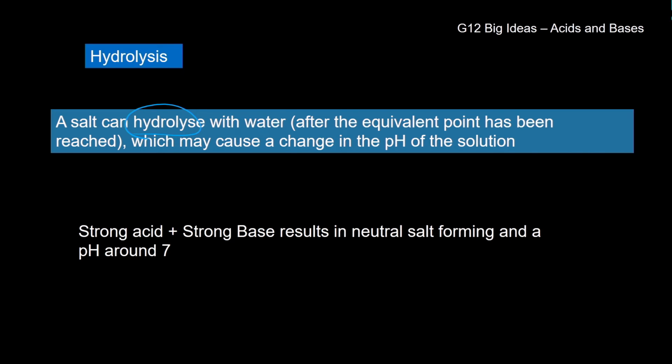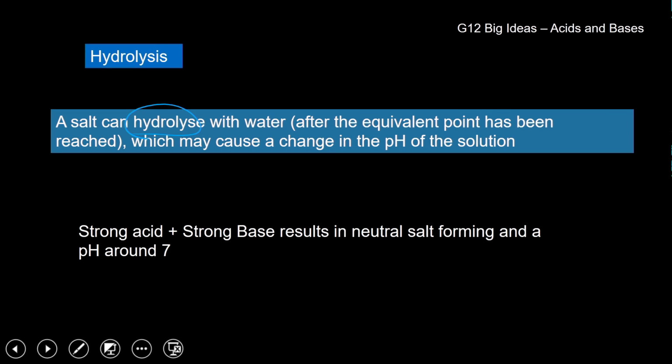When we titrate a strong acid and a strong base together, we know that the pH at the end of this reaction is 7, or around about 7. And that explanation is given very nicely in the videos that have been preset for you to watch. So I'm not going to go into that.